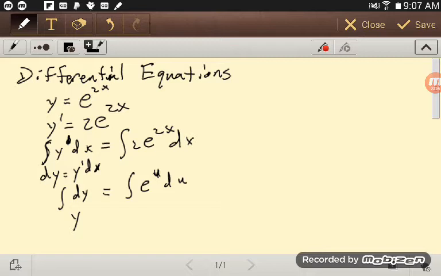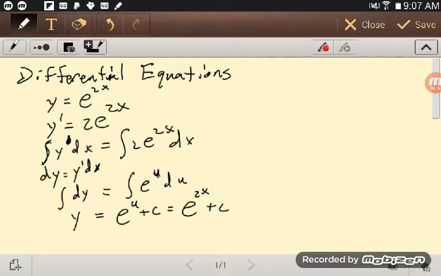I would get y equals e to the u plus a constant, which is e to the 2x plus a constant. So I can integrate both sides and see that I get it.